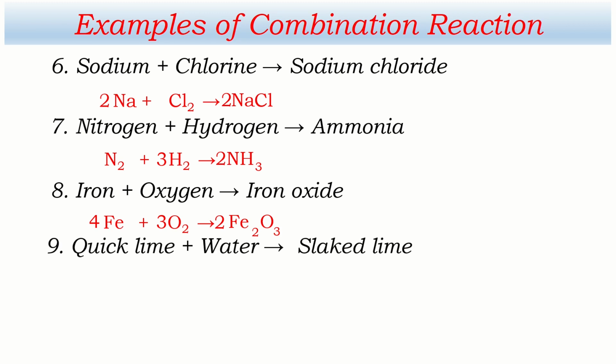Now next, quicklime plus water gives slaked lime. Quicklime, we have to remember, is calcium oxide, and both of them have valency 2, so no exchange. And water, we know its formula is H2O, and slaked lime means calcium hydroxide, and calcium's valency is 2, hydroxide's 1.